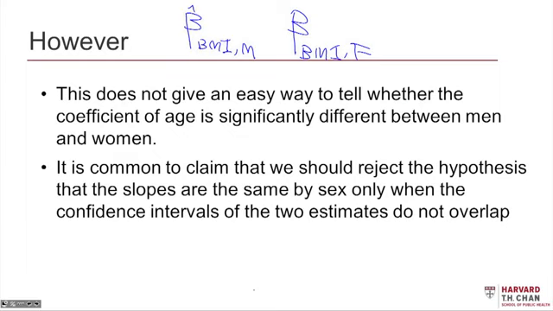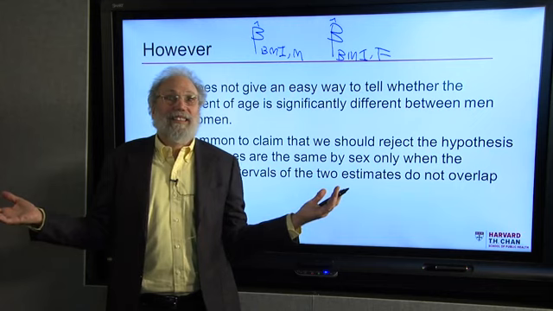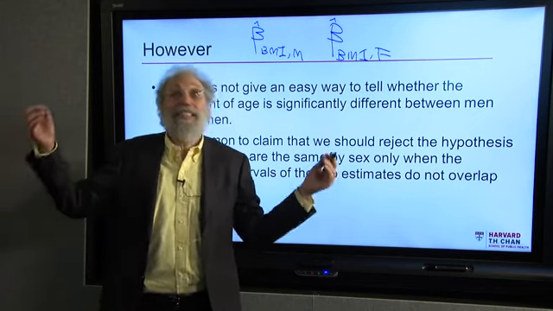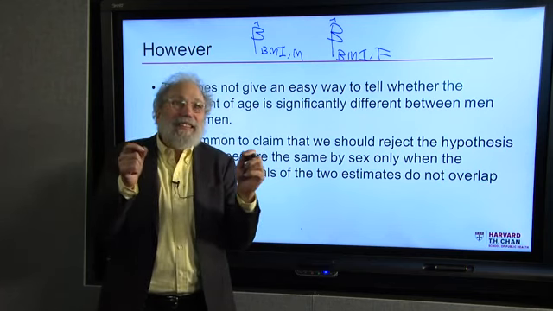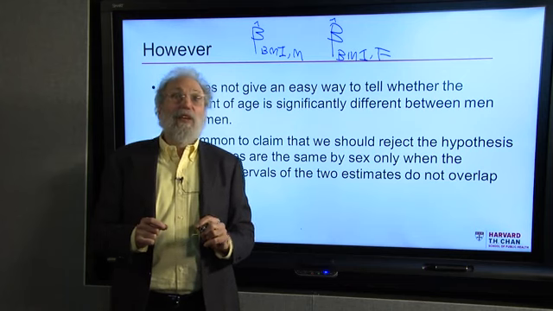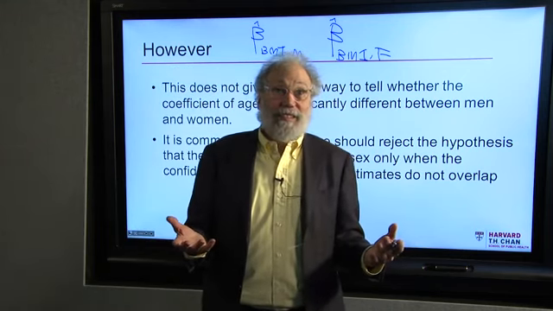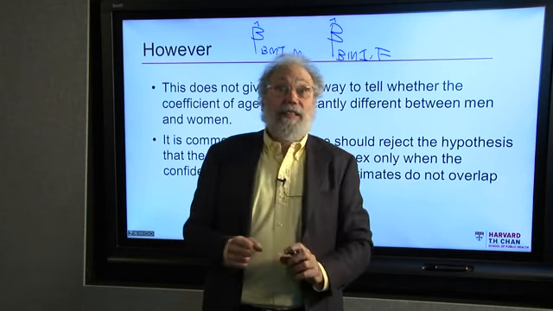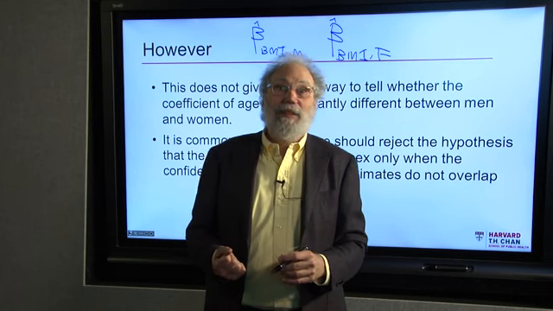These are estimates, of course. How do I tell whether they're different? I got 2 different, they'll always be different, right? How do I tell whether they're significantly different? Well, there are ways to do that, right? But you need to do some things offline, right? You don't get that out of the output.